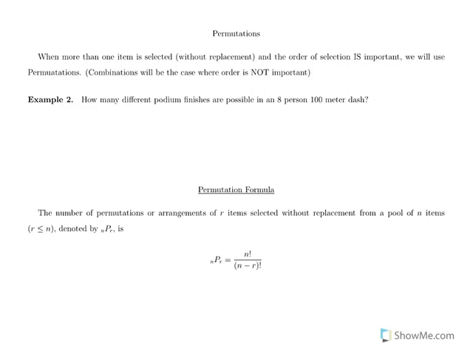We talked about this example when we introduced counting. How many different podium finishes, that is first, second, and third, are possible in an 8-person 100-meter dash? What we're doing here is choosing 3 things.